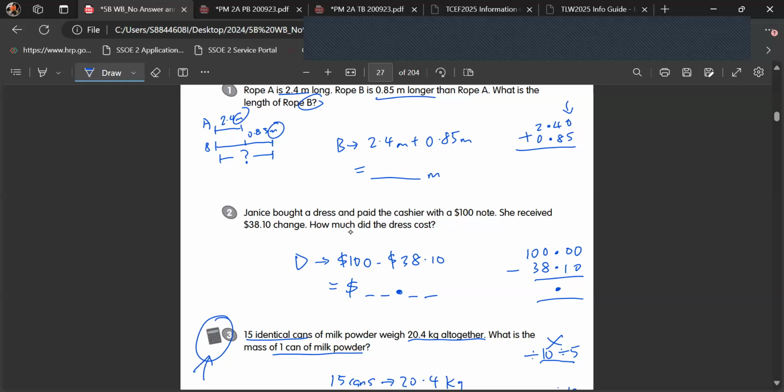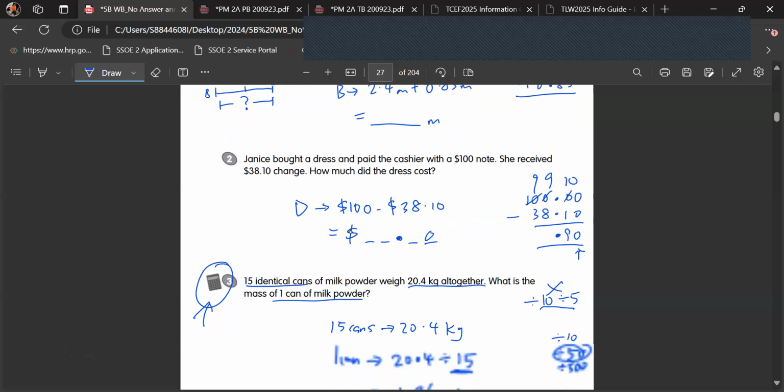Some of you tend to write 0.9 and forget to add the 0 at the back. This 0 at the back is important because it's money. Okay, moving on.